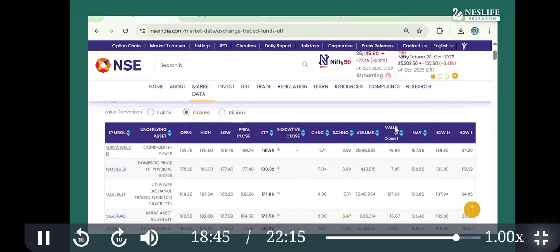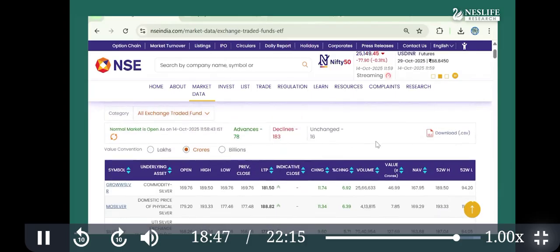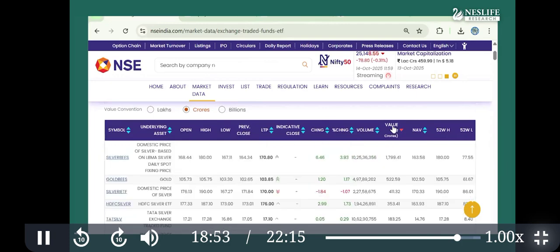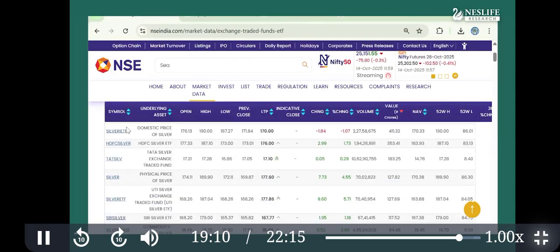There are more than 200 indices, where if you click on the value here, you will see the most active index. Nowadays, Silver and Gold Bees are running like Ferrari or Formula One. People are buying in huge quantity. Yesterday, I showed you the premium. So these are tracking the silver index and gold index.